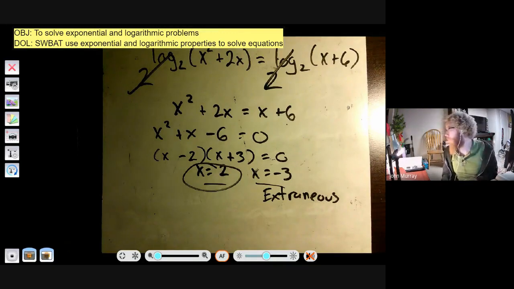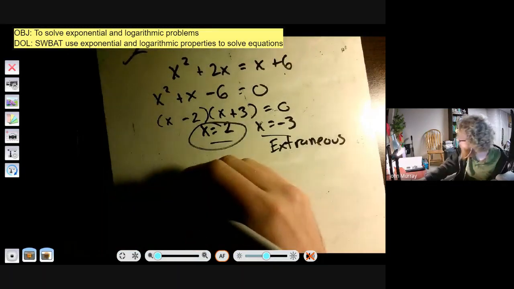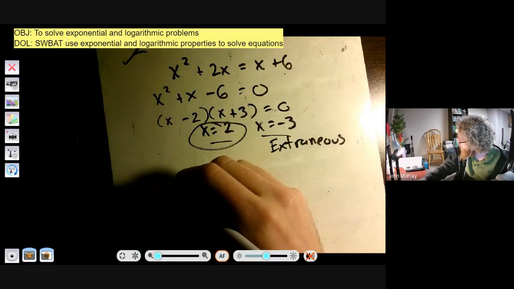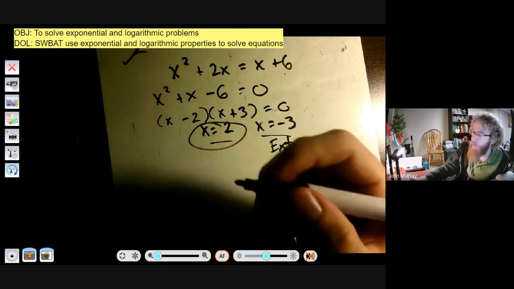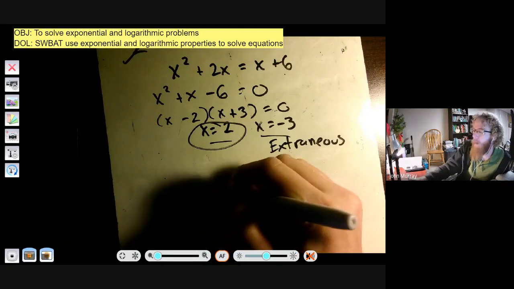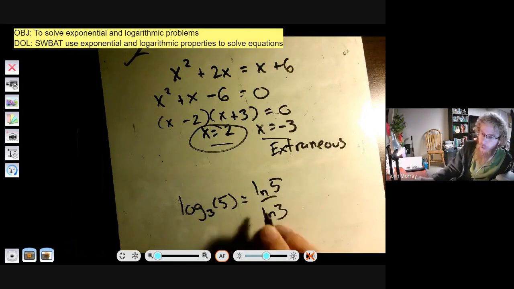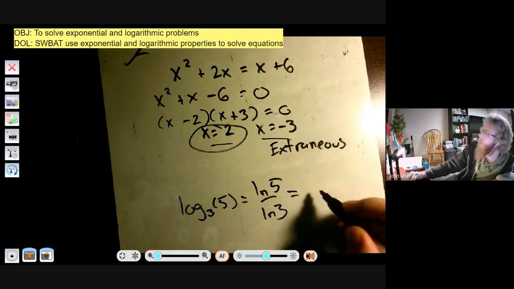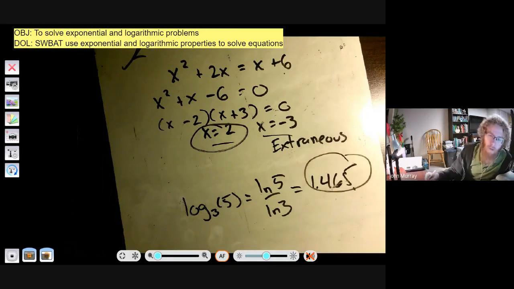If you gave me an exact answer, so for number 1, you could tell me log base 3 of 5 or ln of 5 over ln of 3. Both of those would be exact answers. But I wanted the decimal.